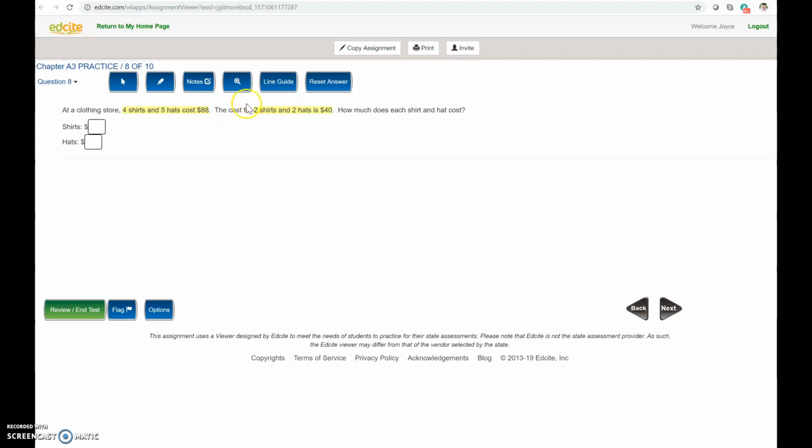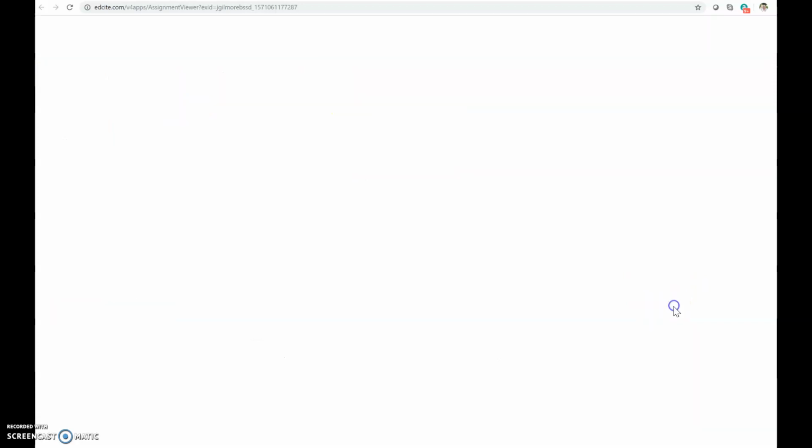Your second equation is 2x plus 2y equals 40. Shirts are x, hats are y. I found out that my x was 12, so shirts cost $12. Your hats are $8. Notice that the dollar sign is already there outside of that box, so you don't have to worry about entering the dollar sign. You just have to type in 12, type in 8, and you're good to go.